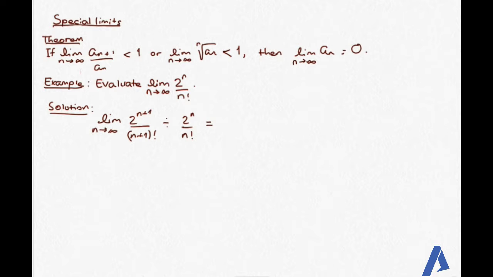This is the same as saying, simplify ስናደርገው, n factorial by n factorial, 2 to the power of n by 2 to the power of n. ስለዚህ the limit of 2 over n+1 as n approaches infinity is 0, and 0 is obviously less than 1.